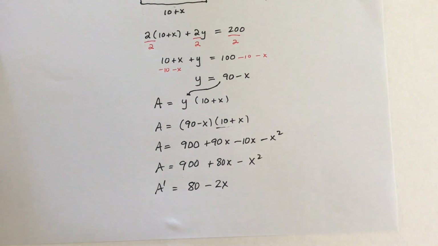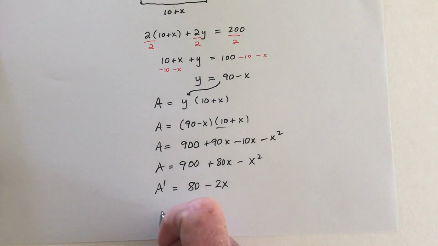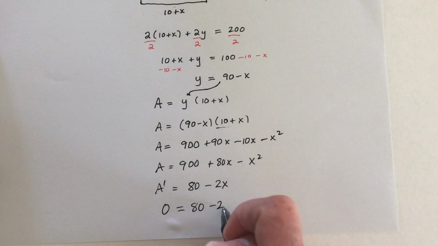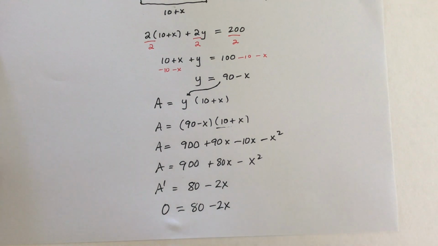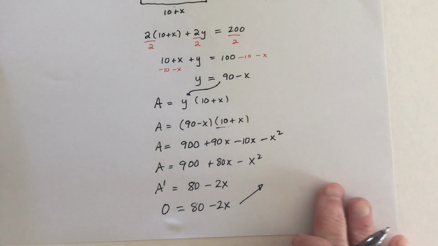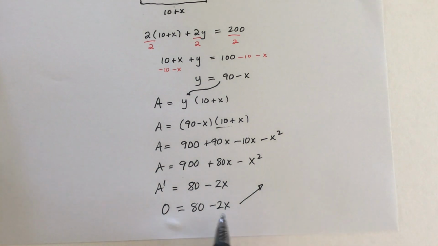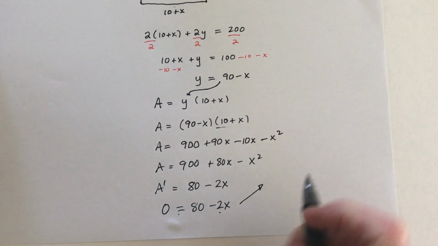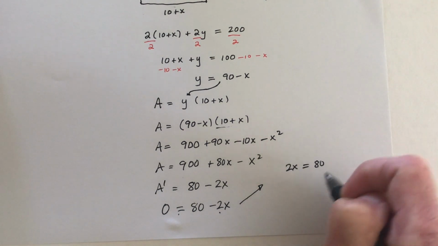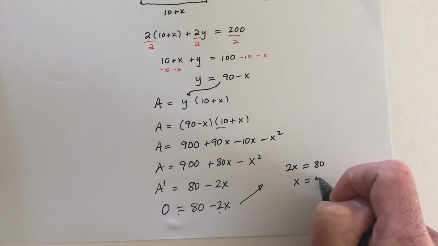And then in order to find the maximum, set the derivative equal to 0 and solve for x. So I'm almost running out of paper here, so I need to move over and add 2x to both sides. It's going to say 2x equals 80 and x equals 40.